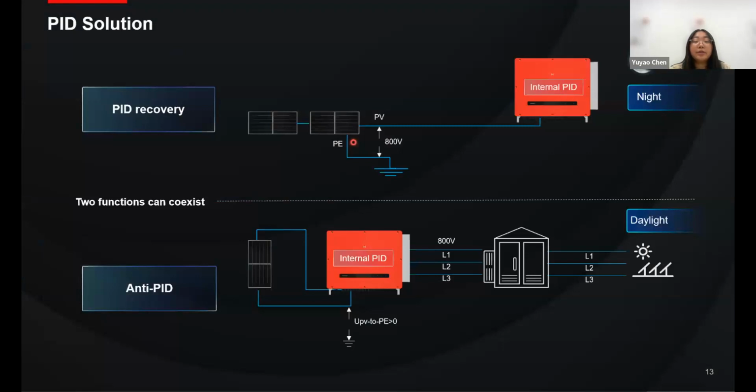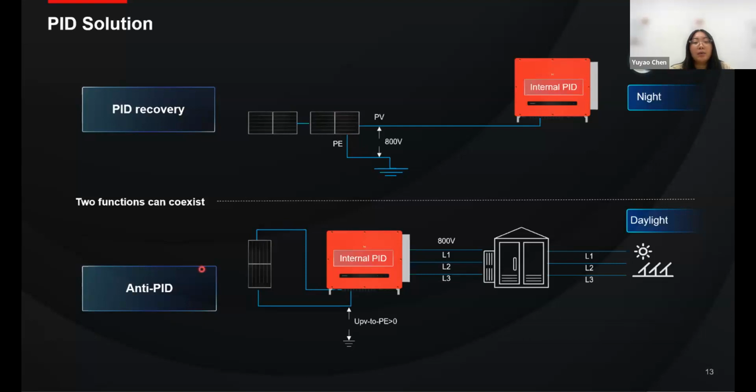And then other features, for example, we also have the PID solution. For the PID recovery, it will apply a reverse voltage of like 500 to 800 volts between the PV negative and the ground. So that's how the PID recovery works. That's why it is only done during the night, because it has to add this reverse voltage.